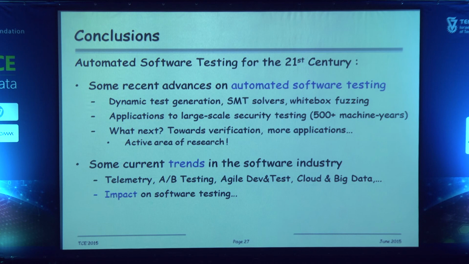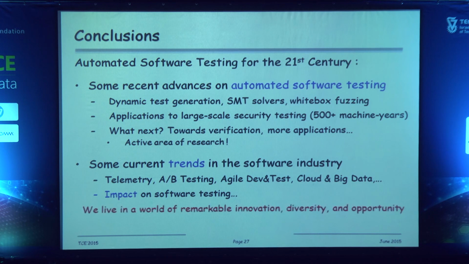And then I wanted to mention briefly some current trends in the software industry and their impact on software testing. We live in a world of remarkable innovation, diversity, and opportunity, and the same is true for software testing and verification, both the research and the tools themselves and the applications.